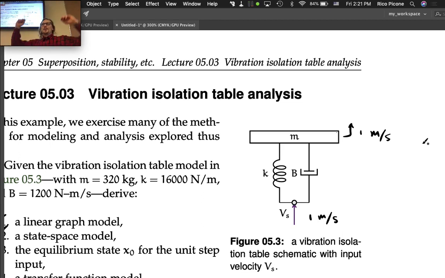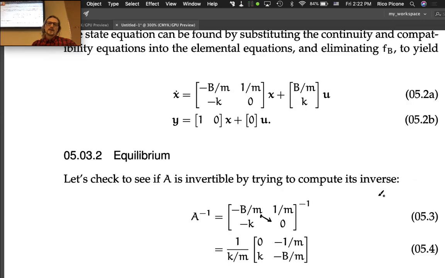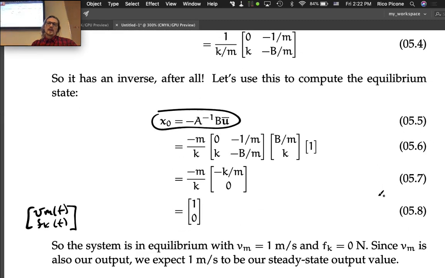You've got two ends, so that would be the table top moving up at 1 meter per second, and the floor moving up at 1 meter per second. So you don't have any acceleration, it's just a constant velocity. So we have equilibrium at that state. So 1, 0. Great.